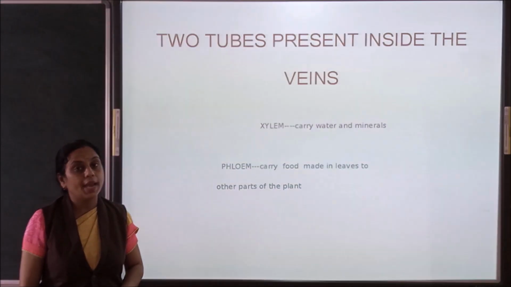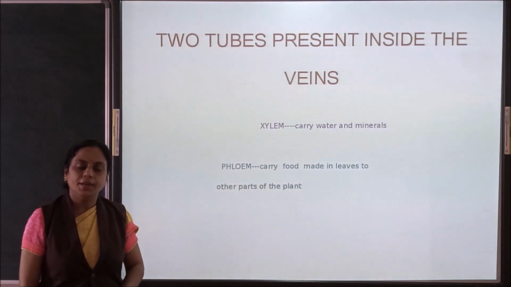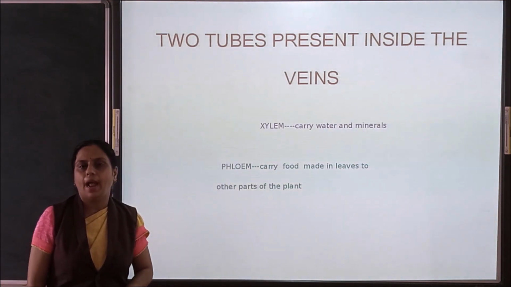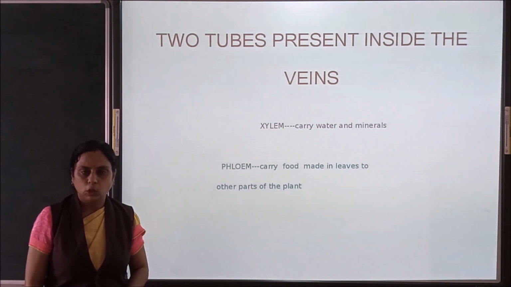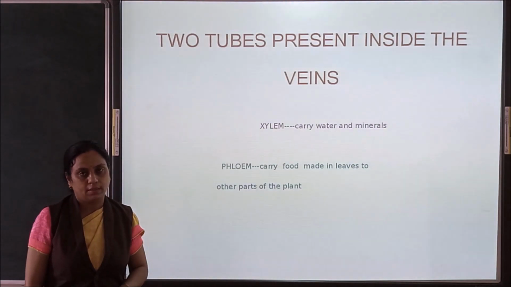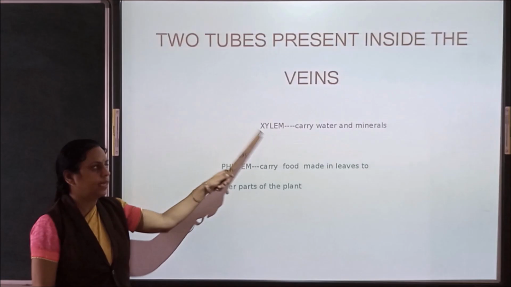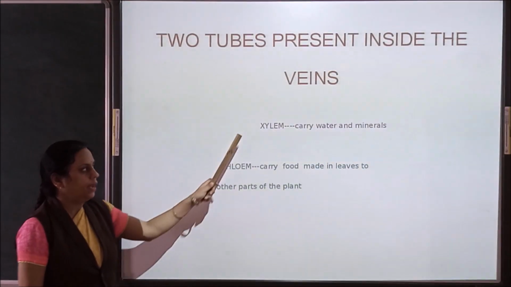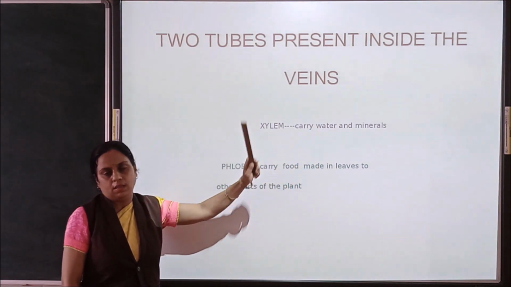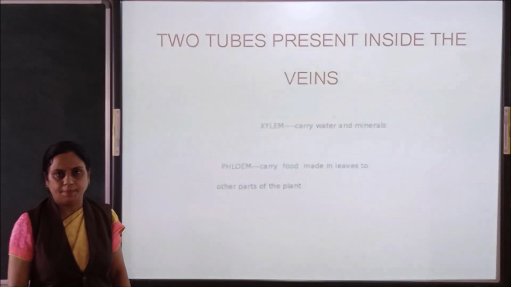But how is it carried to the stem? It is carried through the xylem. Xylem carries water and minerals from the root to the other parts of the plant like the stem.